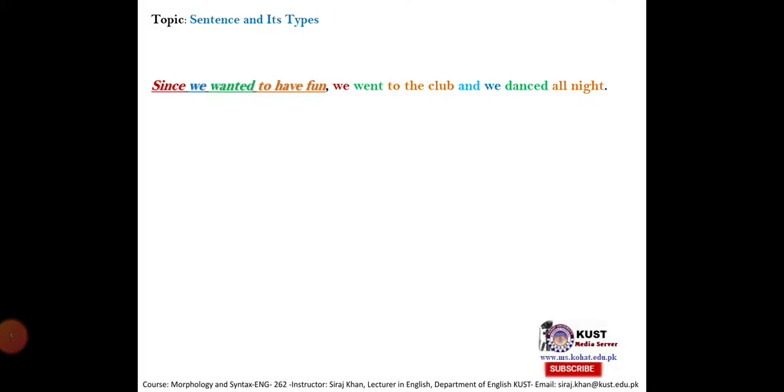We went to the club followed by and, which is a coordinating conjunction and can give us an independent clause. So since is a subordinating conjunction and that is a part that cannot stand alone. We went to the club. We is the subject, went to the club is the predicate.